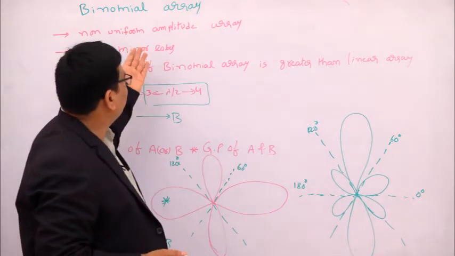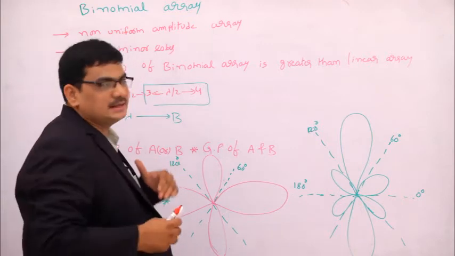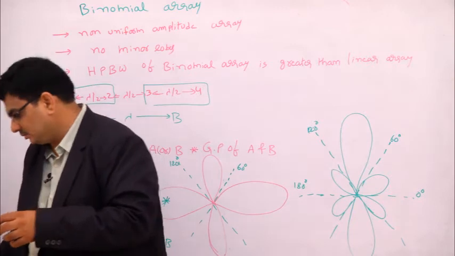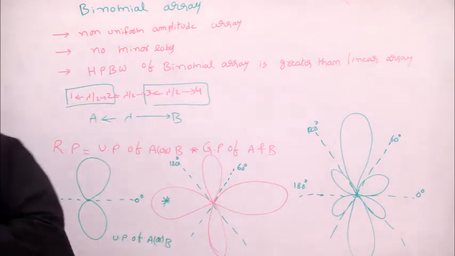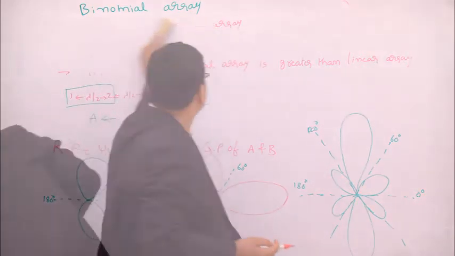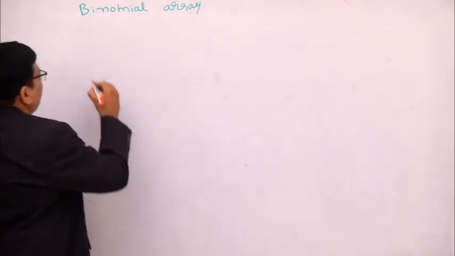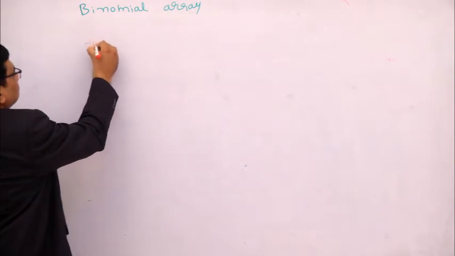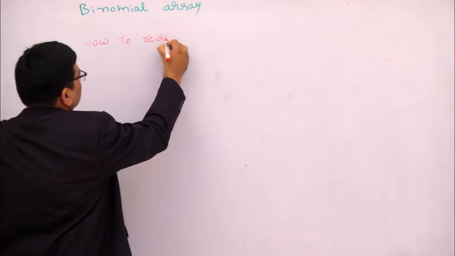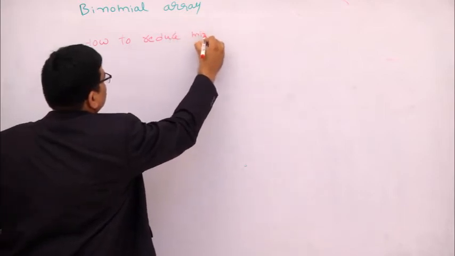Now in the binomial array, we can rearrange our elements. How can we rearrange the elements? Now I will show you how we will reduce the minor lobes.